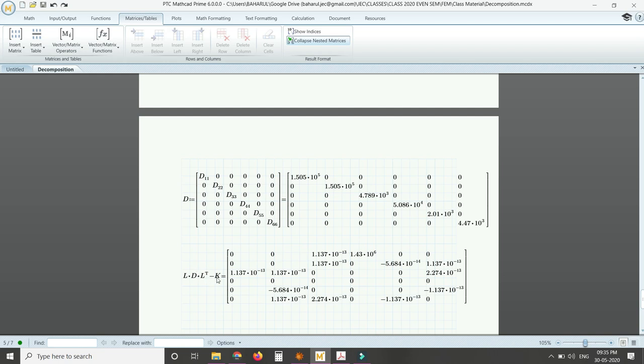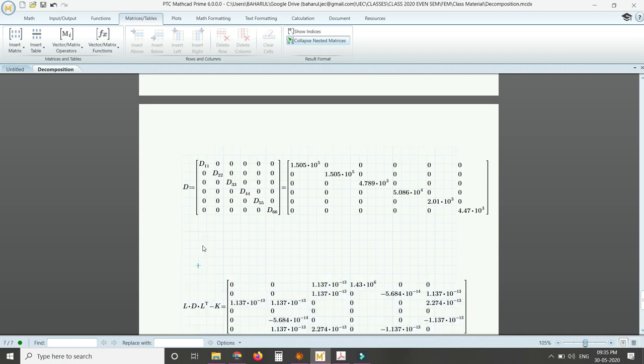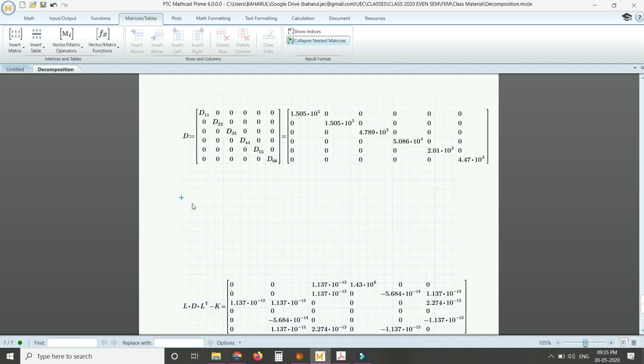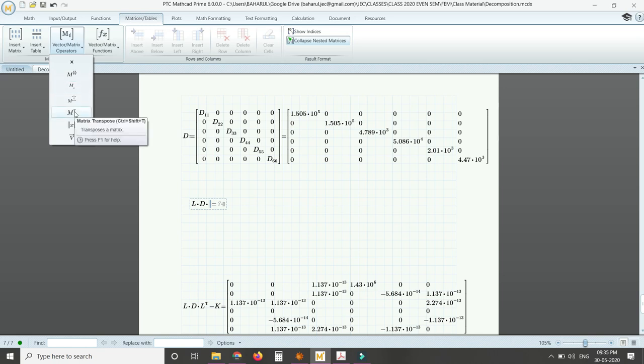Suppose I want to find L into D into L transpose.